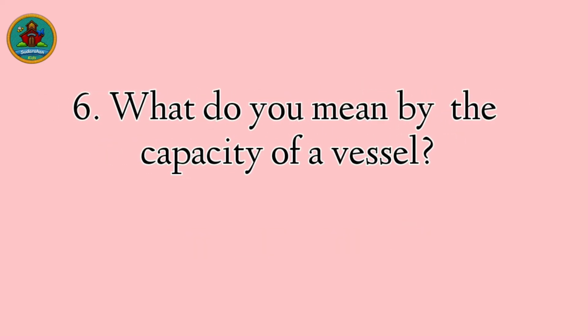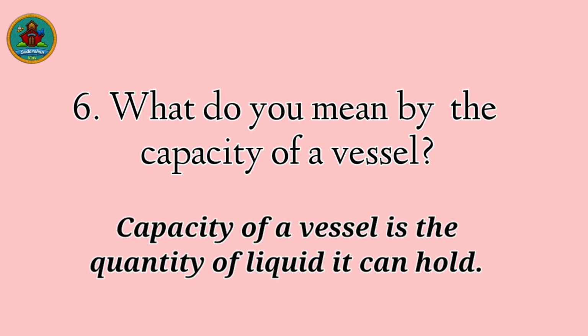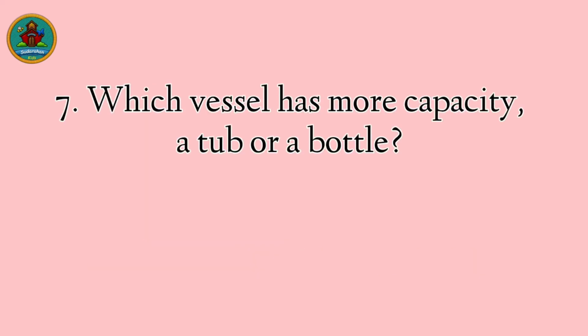What do you mean by the capacity of a vessel? Capacity of a vessel is the quantity of liquid it can hold. Which vessel has more capacity, a tub or a bottle? A tub.